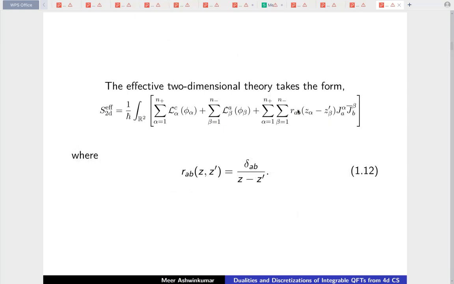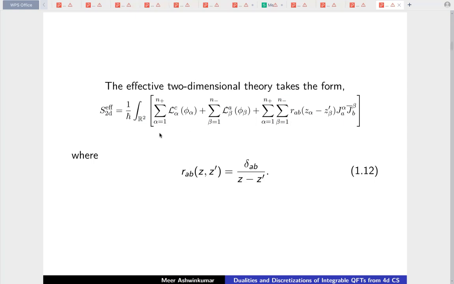And this R_AB is just the leading order term in the R matrix that we saw earlier that appears when studying lattice models. So this is actually a classical R matrix that satisfies what is known as the classical Yang-Baxter equation. So this is a rather complicated looking field theory that lives in 2 dimensions.